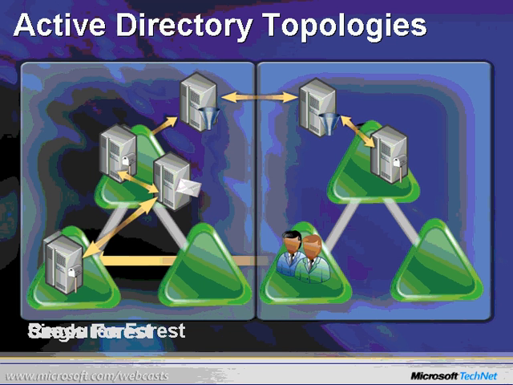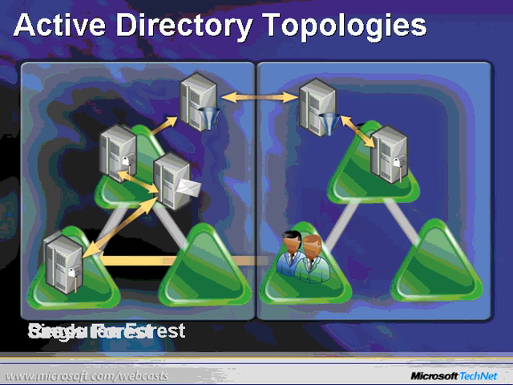And then the third common topology would be a resource forest, where maybe you have separation of administration, and there's one forest where all your AD objects sit, your user objects, but you create a resource forest where you actually deploy Exchange. And then in that case, the people who manage Exchange can manage all the servers and so on and so forth, but not have any administrative rights into the production or the main forest that has all the user objects and computer objects.